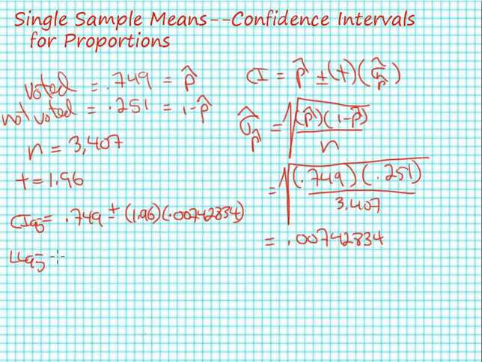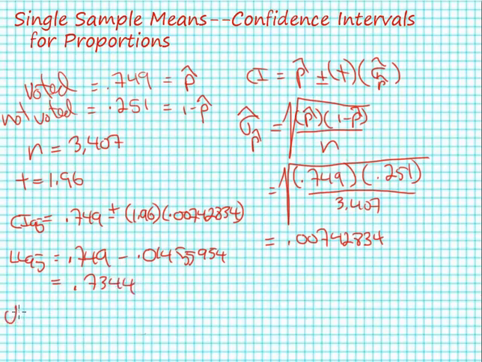My lower limit is going to be equal to 0.749 minus my margin of error, and that's the 1.96 times the 0.007, which I've gone ahead and calculated as 0.014555954, and so my lower limit is 0.7344.